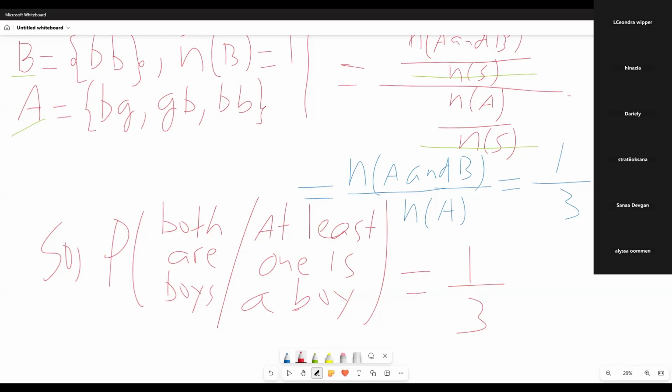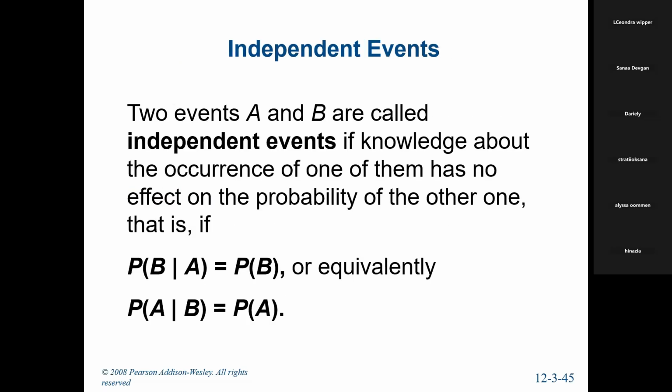Now, let's talk about independent events. Two events, A and B, are called independent events if knowledge about the occurrence of one of them has no effect on the probability of the other one.